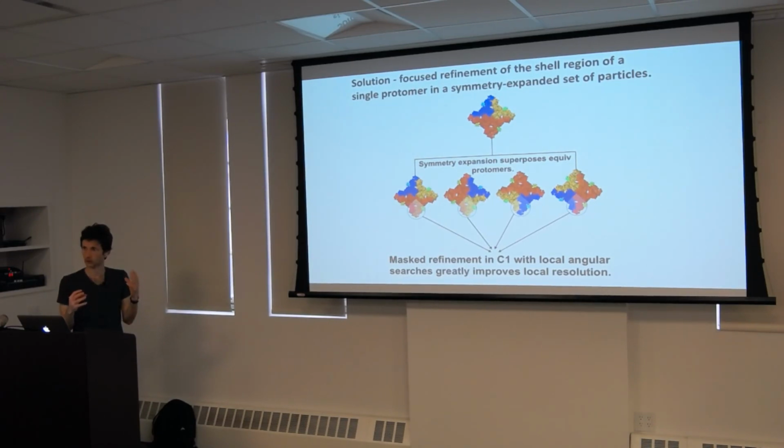Because all you're doing is considering the orientation of that region and chucking out everything else. And if that region is flexing and bending, then focused refinement per se isn't going to help you. What you want there is some form of flexible refinement. Methods for which have been developed at the moment, but are not really all that widely available yet. Okay. I think Dmitry Taganov might have talked about that. No, he didn't? Okay.